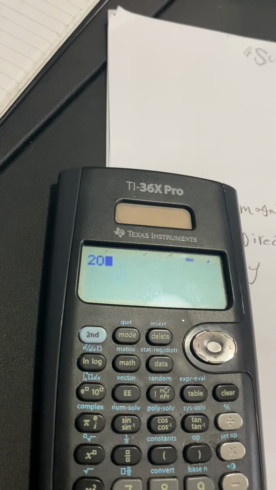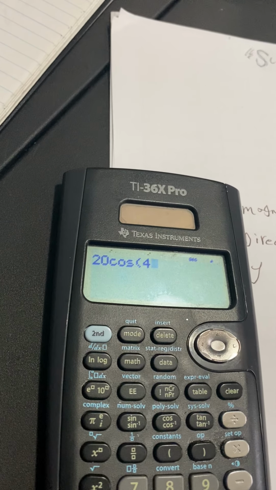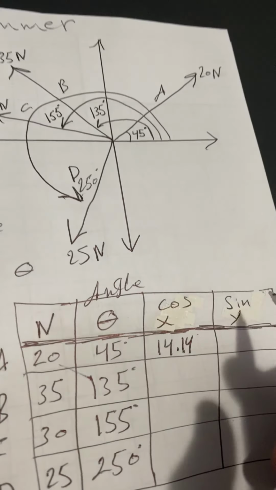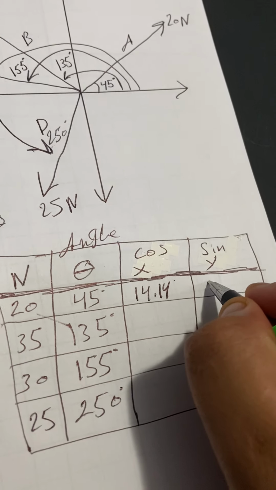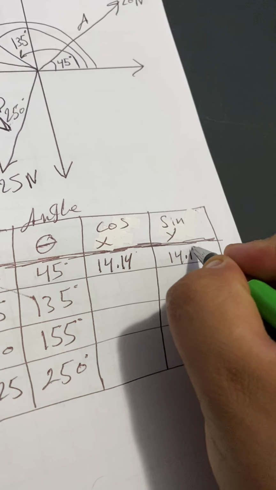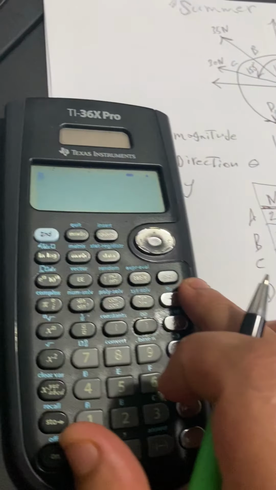Let me use it for cosine. Okay, the same thing. Sine and cosine are going to be the same for this one, for 20 Newton: 14.14.